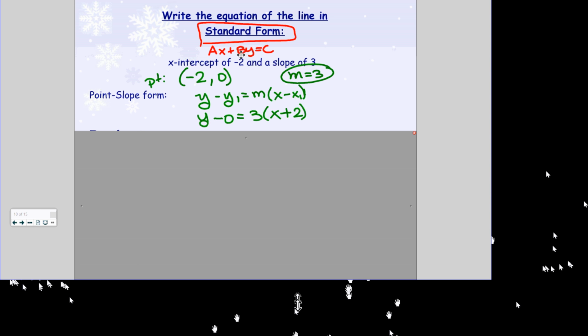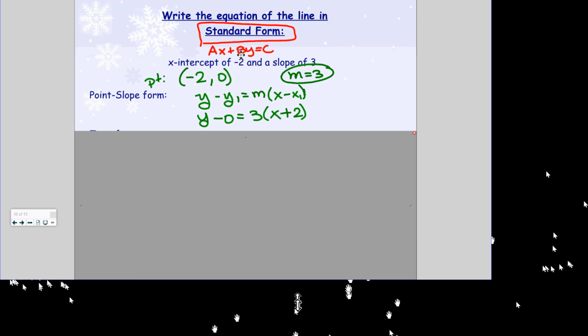Remember, we want to end in standard form, so I'm going to give you a moment now to take this equation, remember, distribute first, simplify, and get all the way to standard form this time. So go ahead, pause the video, work through this. When you're ready to check, click play.